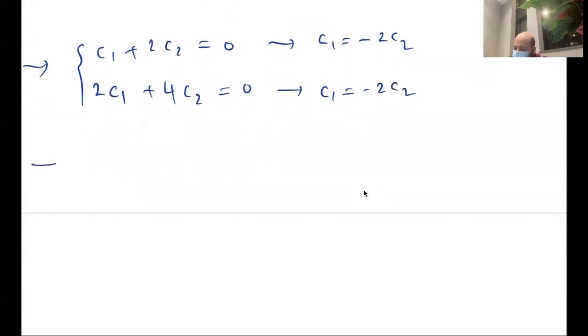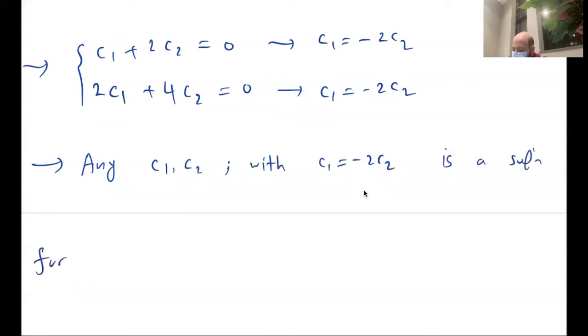So that means any vector (C1, C2) with C1 equals minus 2C2 is a solution for this system. For example, if C2 equals 1, then C1 would be minus 2.